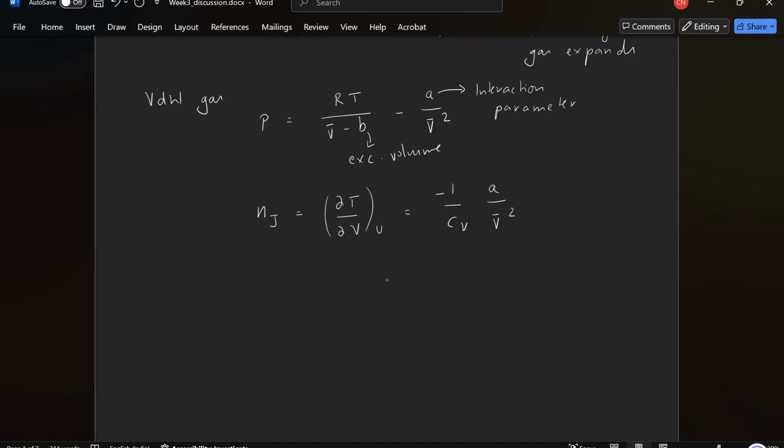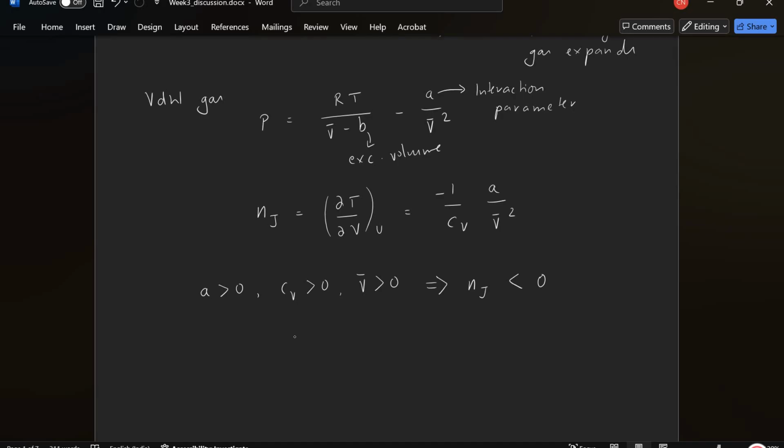So now, as you can see here, for most of the gases, A is greater than 0, CV of course is greater than 0, and V bar is of course greater than 0, which means the quantity Nj is going to be less than 0.